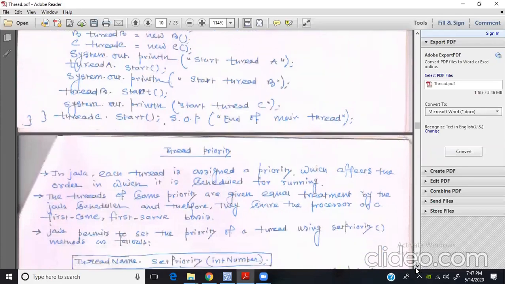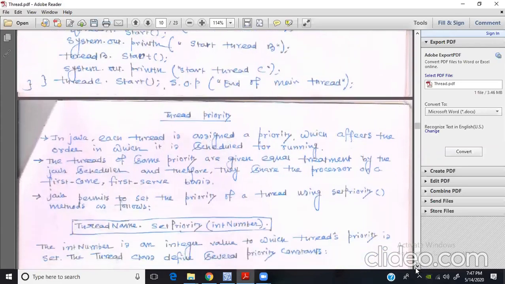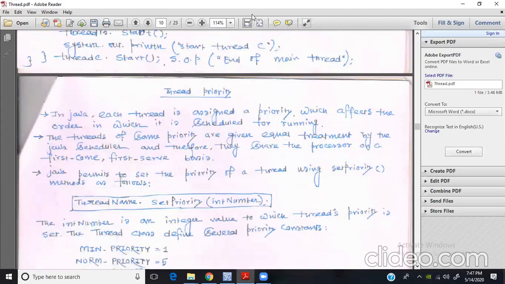Now I'm moving to the part that is thread priority. Fine. What is this thread priority? I mentioned earlier that each and every thread has its own priority.